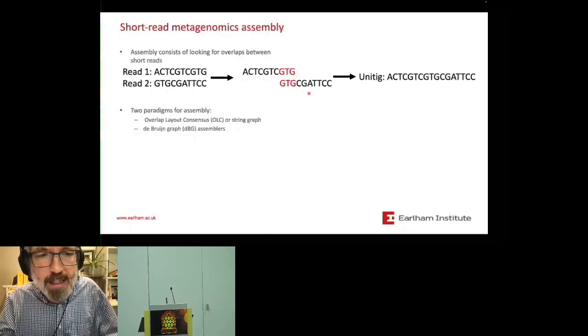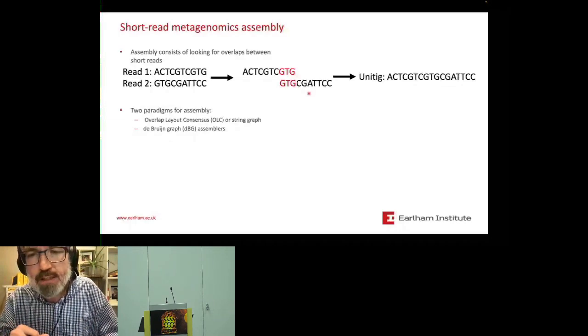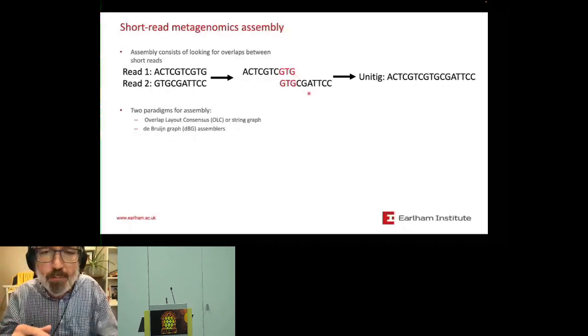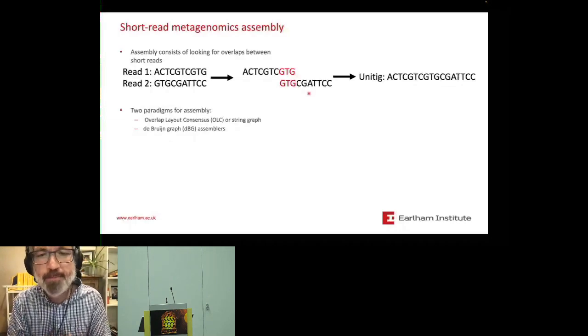Now, in OLC, this is sort of how a human might intuitively assemble reads. You compare each read to every other one, and you look for overlaps. And then you form a graph where each node of the graph is a read, and the edges are overlaps to the other reads. And then we're looking for high confidence paths through that graph.